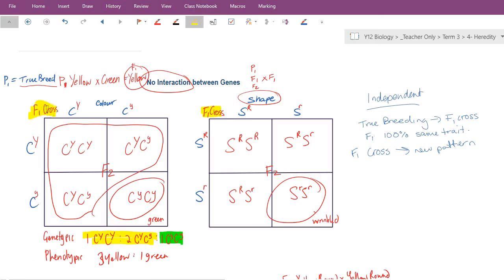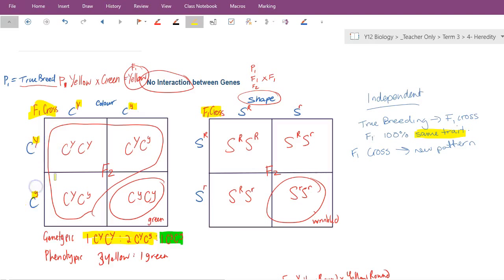first of all, because they came from true breeding parents, all of the plants in that F1 generation had the same trait because they were all heterozygous. In the case of the true breeding plant for color, they had a dominant gene for yellow and a recessive gene for green.